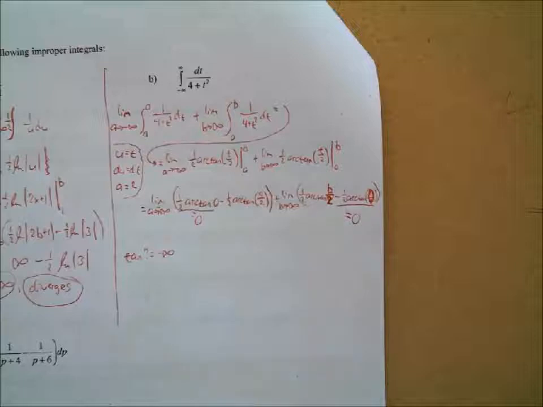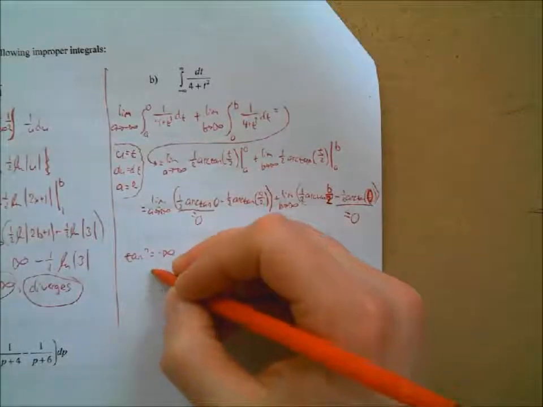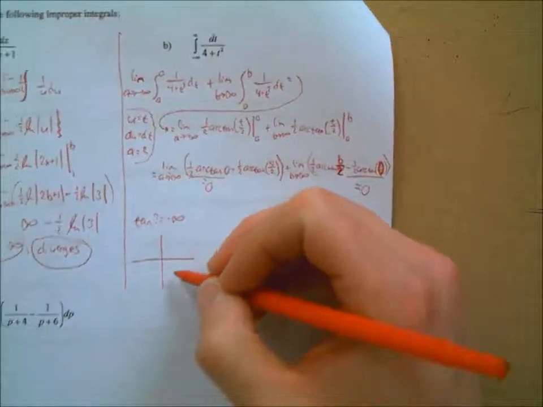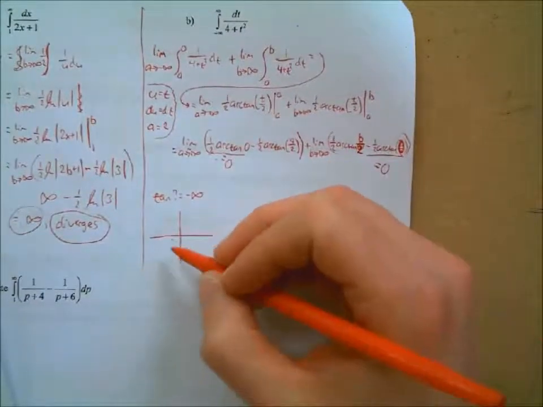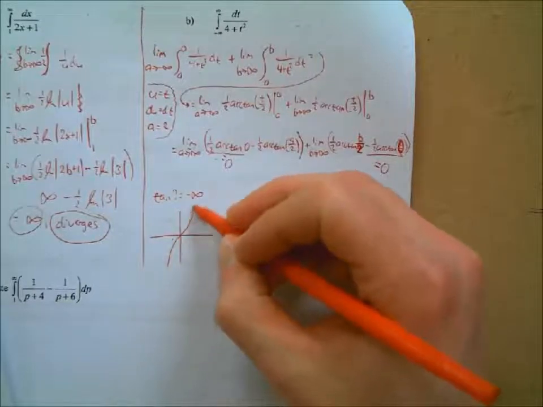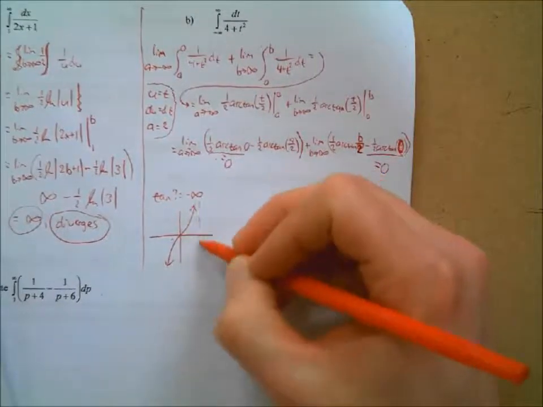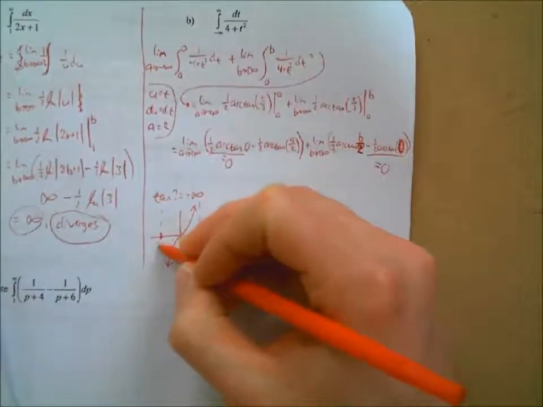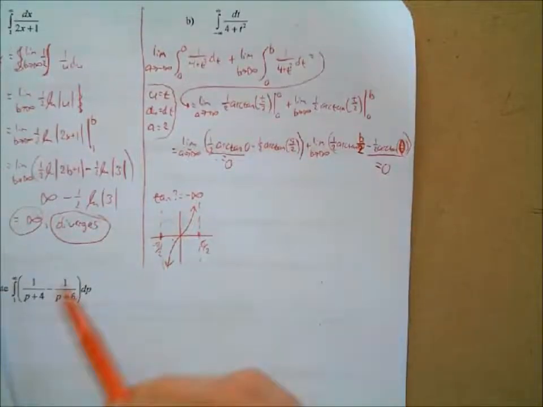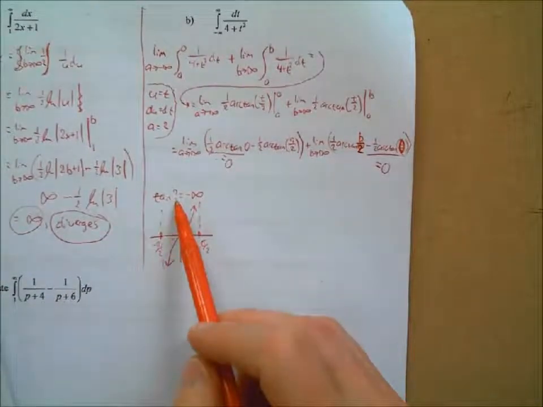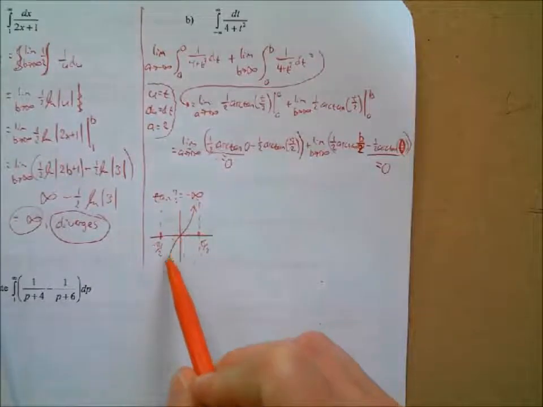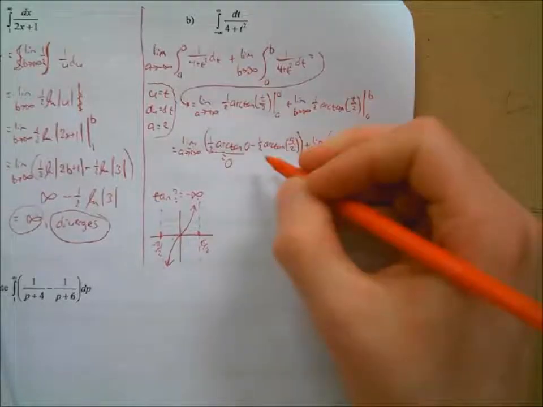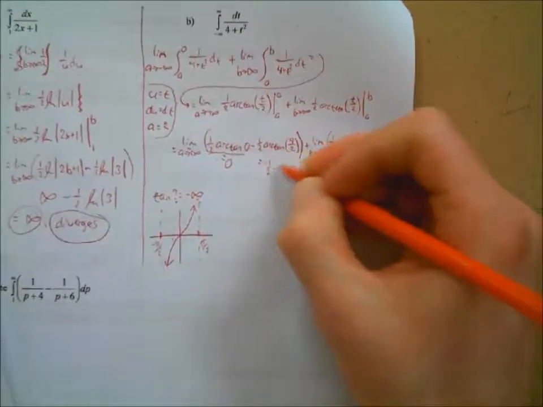If we remember what the graph of tangent looks like, it's got asymptotes at pi over 2 and negative pi over 2. So tangent of what gives us negative infinity? Negative pi over 2. So this is equal to negative 1/2 times negative pi over 2.